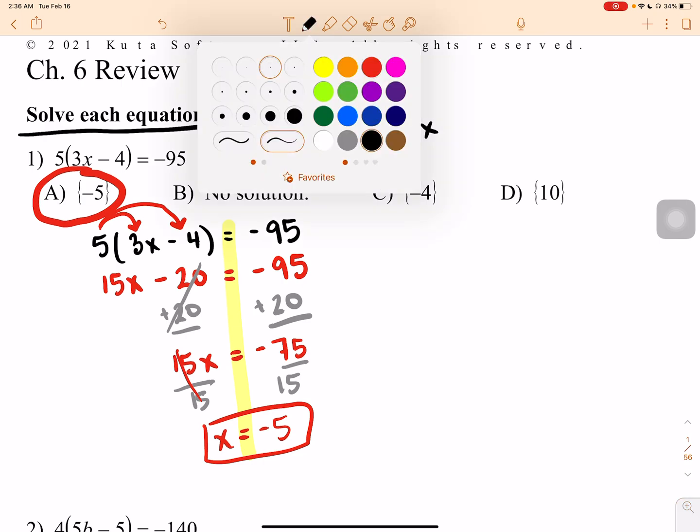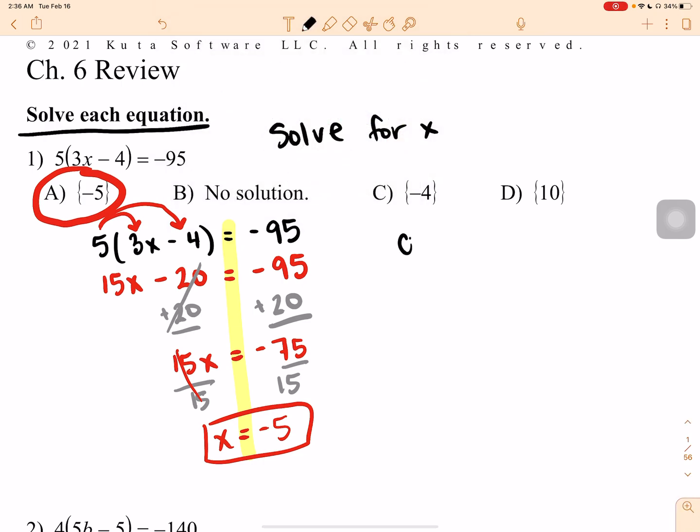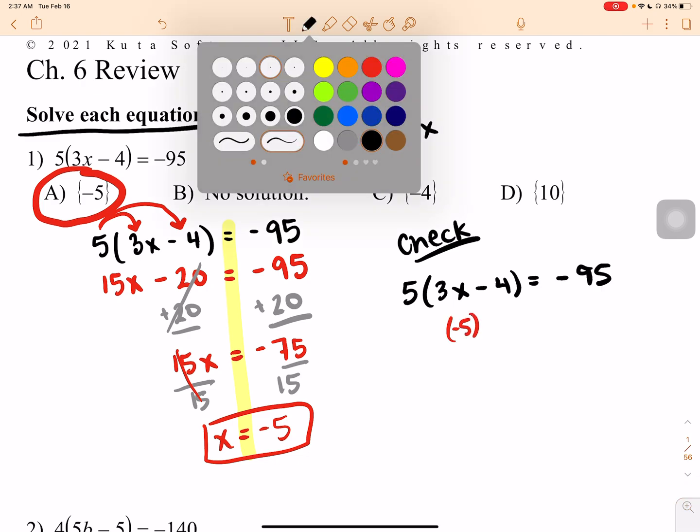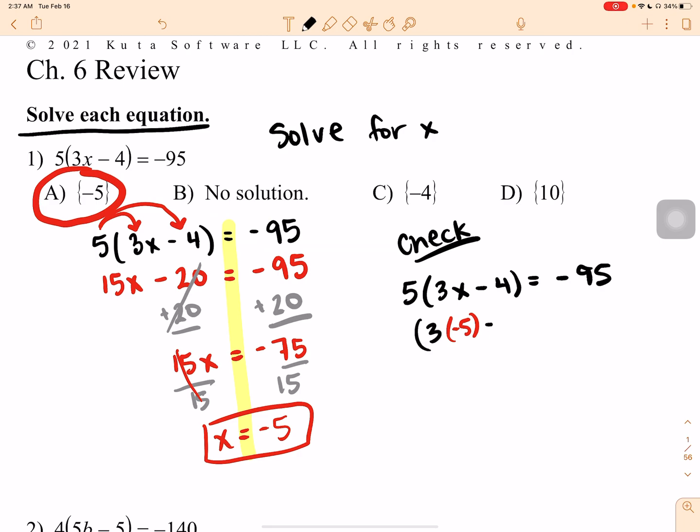Now, you can also check your solutions whenever you're solving problems like this. So my original equation is 5 times 3x minus 4 equals negative 95. So I want to plug in the negative 5 instead of x here and see if whatever I simplify ends up being negative 95.